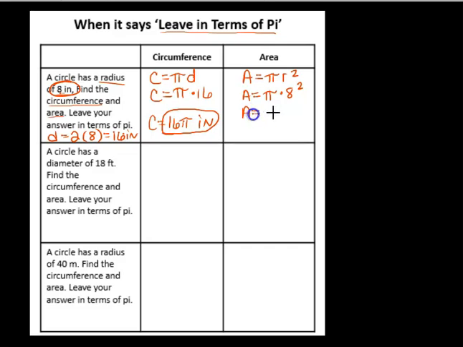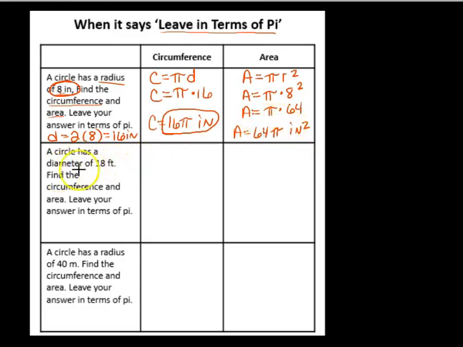So the area equals pi times 64. And then I'm just going to rewrite that with my 64 in front: 64 pi inches squared. It's really easier than substituting the 3.14. You're just leaving that pi. This means 64 times pi.